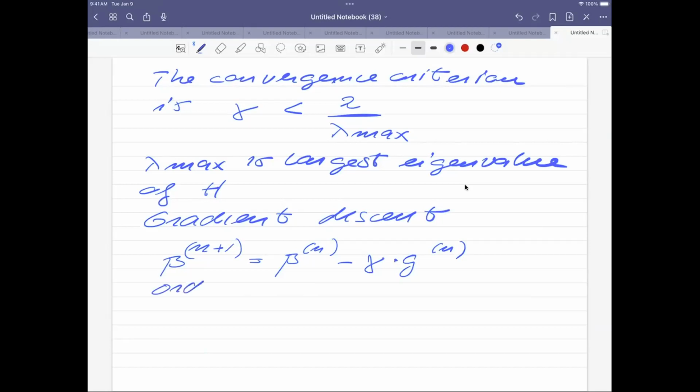In ordinary least squares, we know what the gradient looks like.